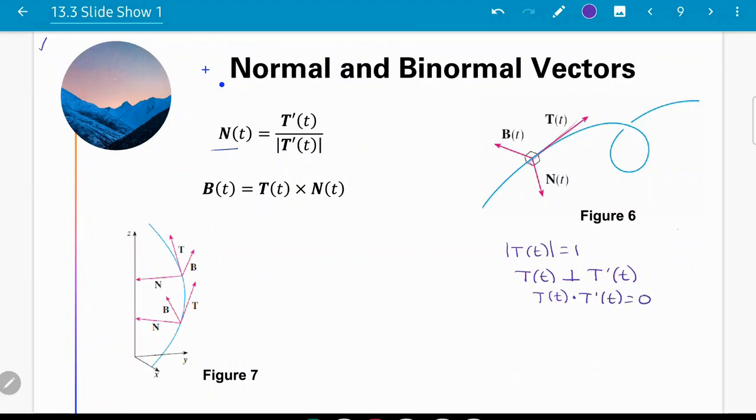So we are going to define the unit normal vector, or the principal unit normal vector, as N(t) is T'(t) over the magnitude of T'(t). This gives us a unit vector, and this vector points in the direction the curve is turning.